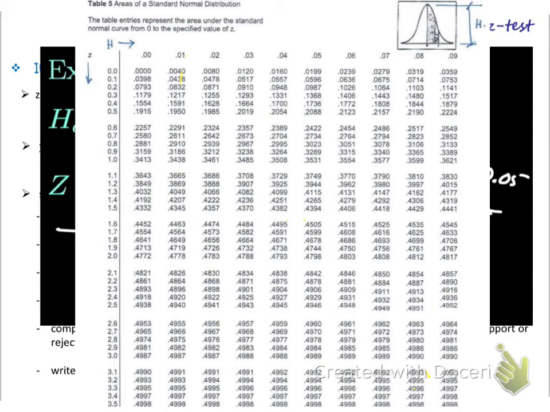The probability was 0.45, 45%, right? Where can I find it here? I have 0.4495 and I have 0.405. I don't have exactly 0.45, so I have these two values, and I have the option to choose one of them.